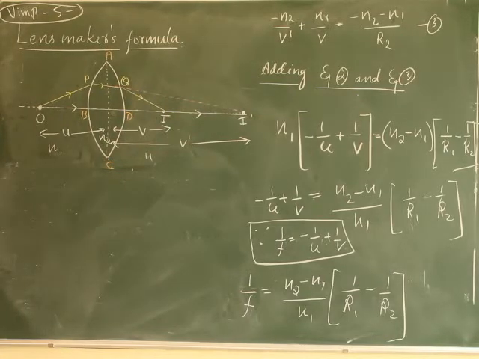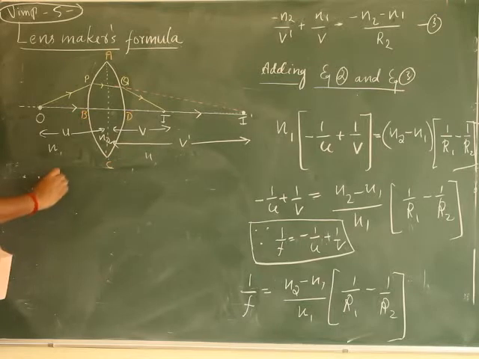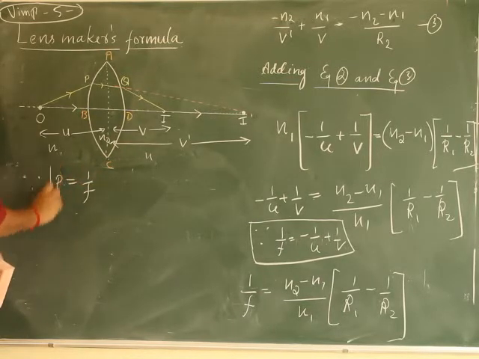So we know, what is power of a lens? Ability of the lens to converge or diverge. Since power of lens is 1 by f, this formula we know.